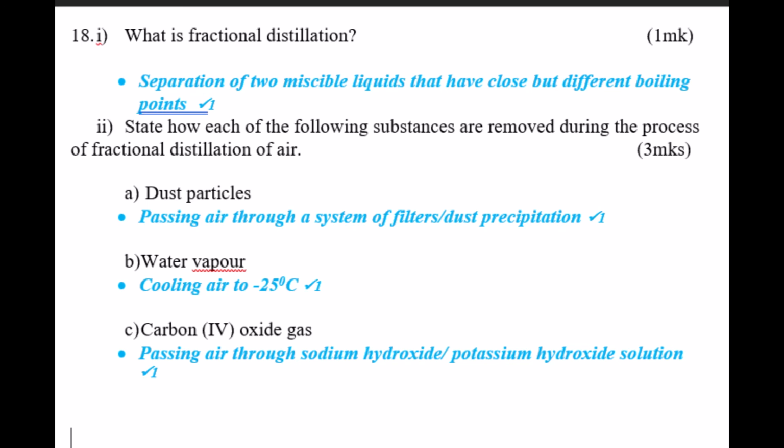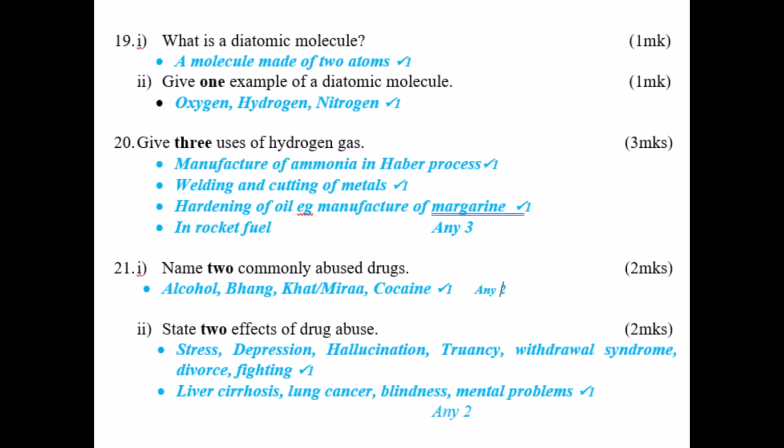They have very good ability to absorb carbon dioxide. A diatomic molecule is a molecule made of two atoms of the same kind chemically combined. Examples: oxygen exists as a diatomic molecule, nitrogen, hydrogen, chlorine, bromine, among others.